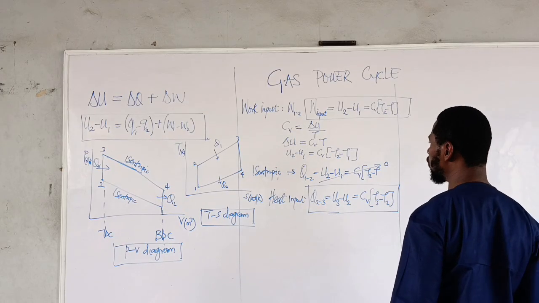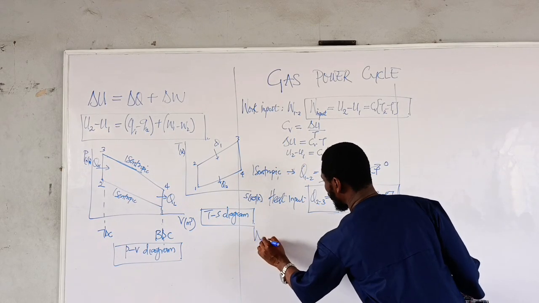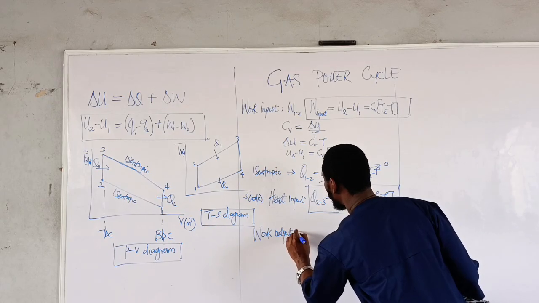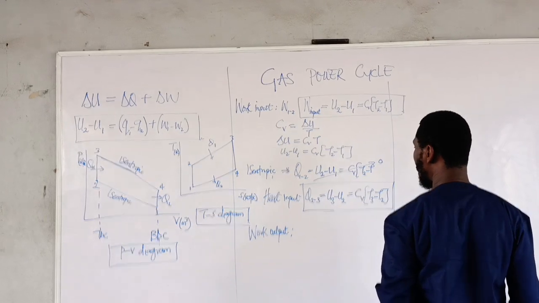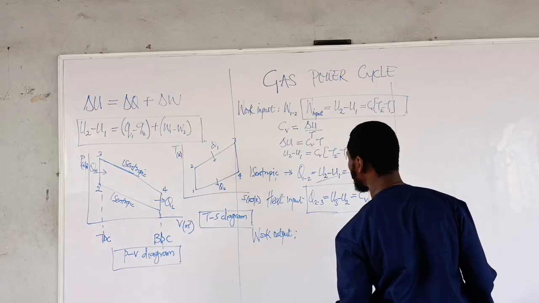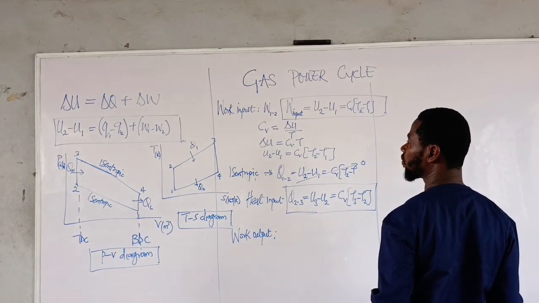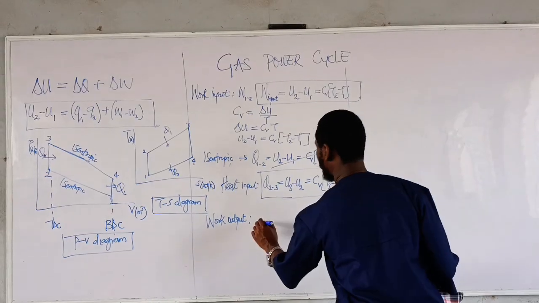Then work output. The work output occurs at 3 to 4.